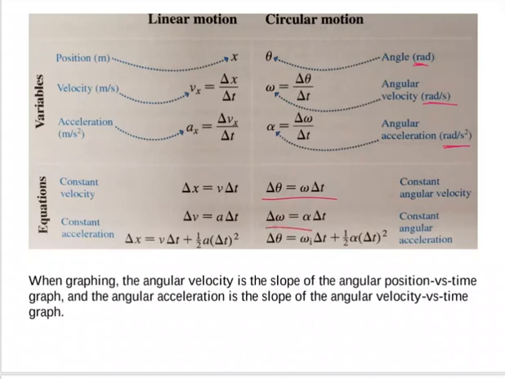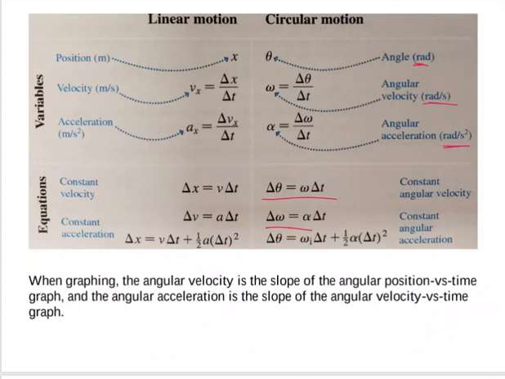Okay, it's the same, we just swap the variables. Constant acceleration equation, again, we have delta x equals v delta t plus 1/2 a delta t squared. Swap the variables over, and now we have delta theta equals omega initial delta t plus 1/2 alpha delta t squared. It's the same equation, we just swap the variables.